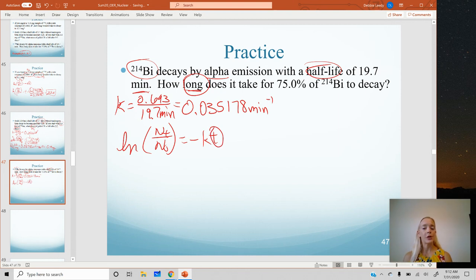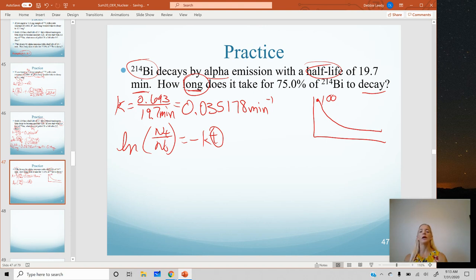Now we have to interpret our percentage phrasing. So we want to know how long does it take for 75% of bismuth 214 to decay? Right? So again, remember, reactants always fall off. They're always decaying. So our initial is how much we start with. Since we're working with percentages, that's implied to be 100.